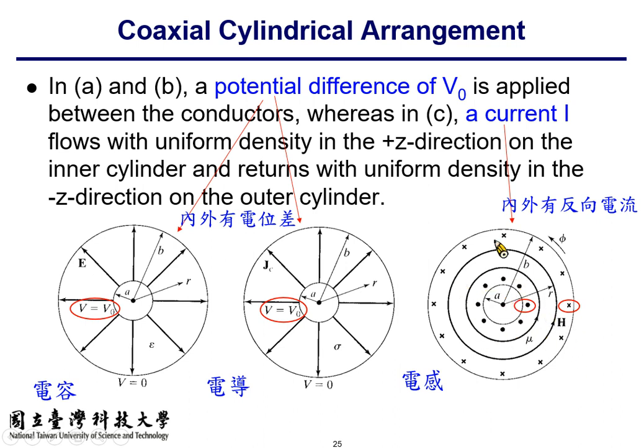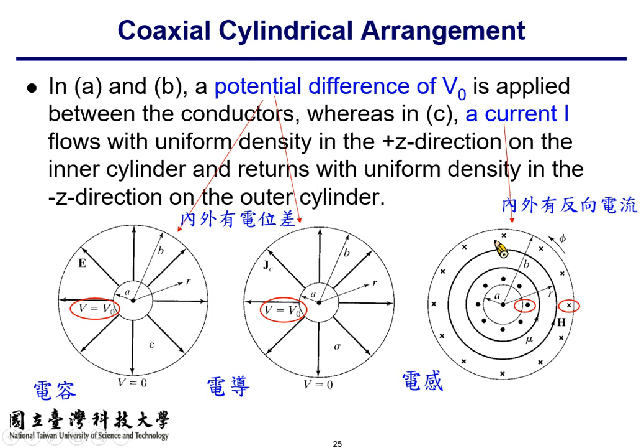This one is flowing outward out of the screen, so it's represented with dots. And the cross on the outside cylinder flows into the screen. Okay? The total amount of the currents are the same.